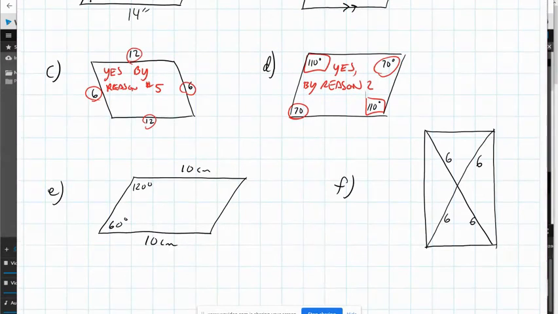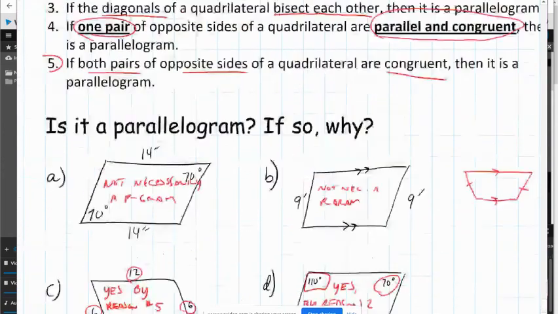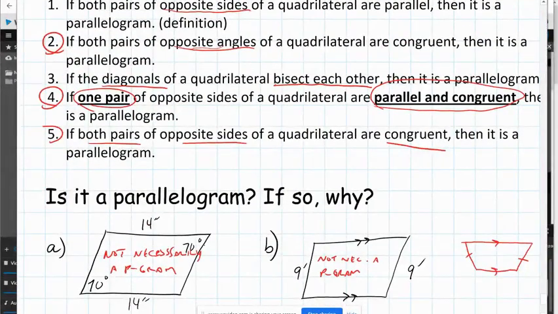Part E. So we have one pair of sides congruent, and since these angles are not congruent, but they're supplementary, that means these 2 lines must be parallel. So now we have one pair of sides that are congruent and parallel. And so that goes back to reason 4. One pair of opposite sides are parallel and congruent.